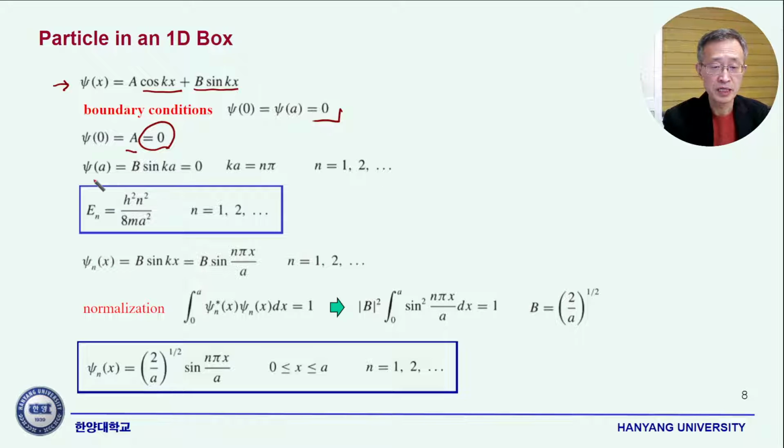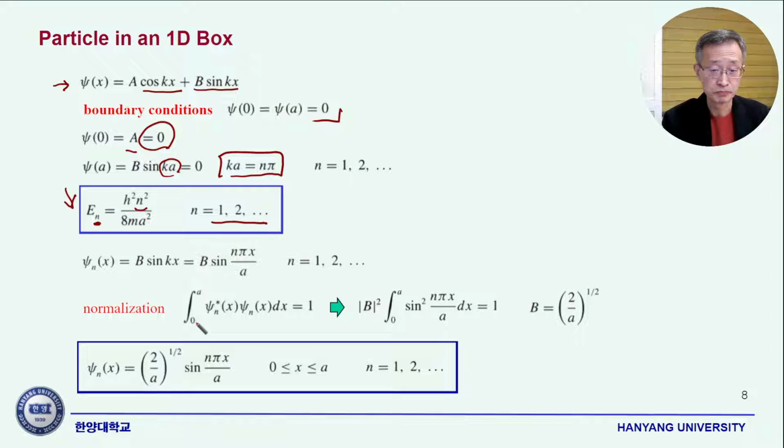And psi of a, B sine ka, equals 0 only when ka is an integer multiple of pi, n equals 1, 2, 3, and so on. Now the energy, written in terms of k, is reduced to E_n equals h squared n squared over 8ma squared. There is a number n, so we index the energy with n. That n is the quantum number in this case.